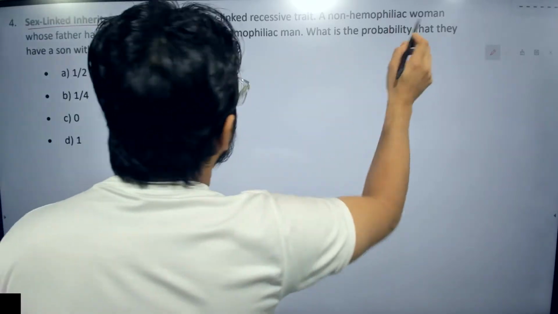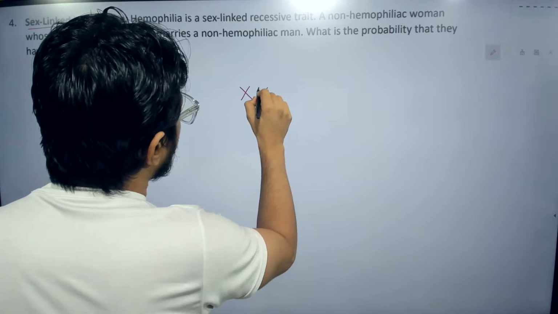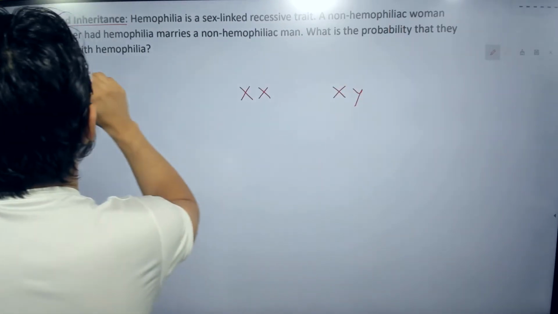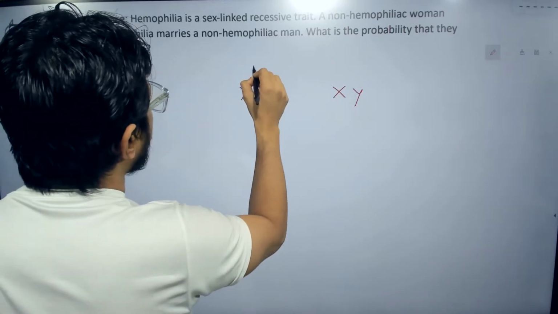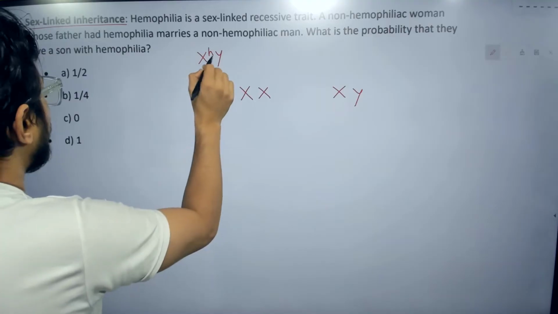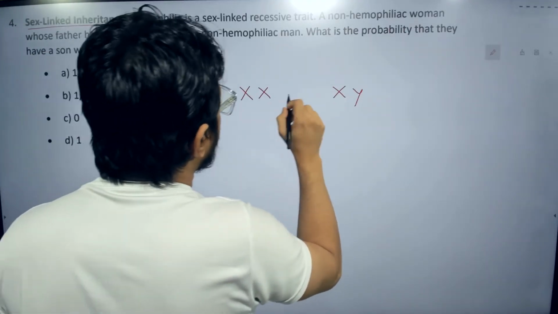Now, a non-hemophilic woman, so you see that this is a woman who is non-hemophilic. Woman means XX and man means XY. H is for hemophilia, so the father was hemophilic and she marries a non-hemophilic man.